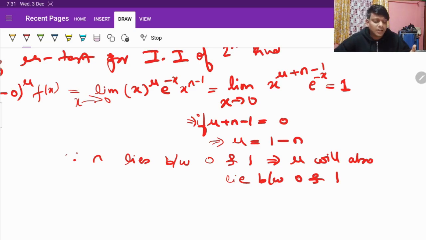Whenever we have a value mu, and the limit exists and is equal to 1, and the value of mu lies between 0 and 1, then the improper integral of the second kind is convergent.